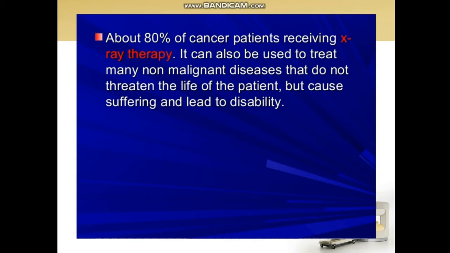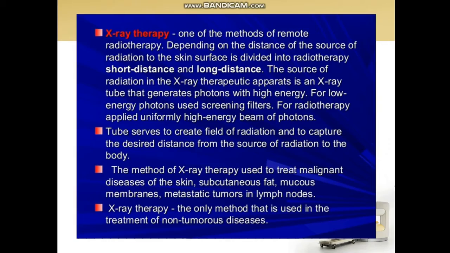It can also be used to treat many non-malignant diseases that don't threaten the life of the patient but cause suffering and lead to disability. That's one type of radiation we use in external beam radiotherapy: X-ray therapy.